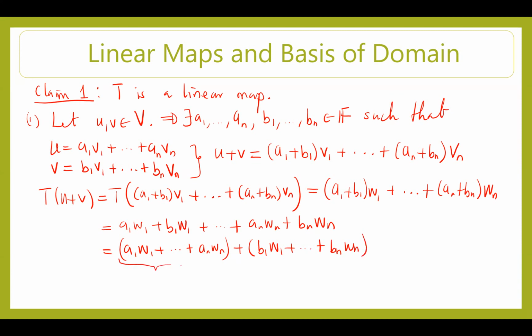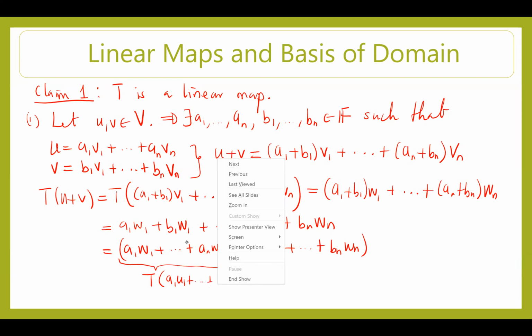And very clearly now we can see that this one here is T of A1 V1 all the way to AN VN.